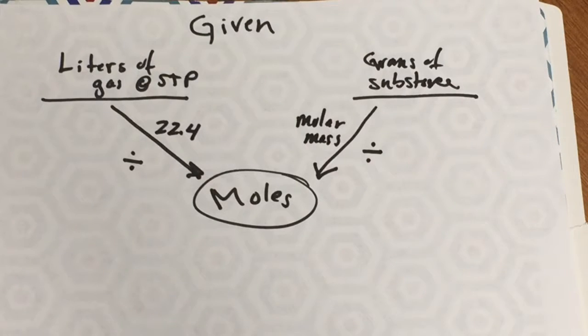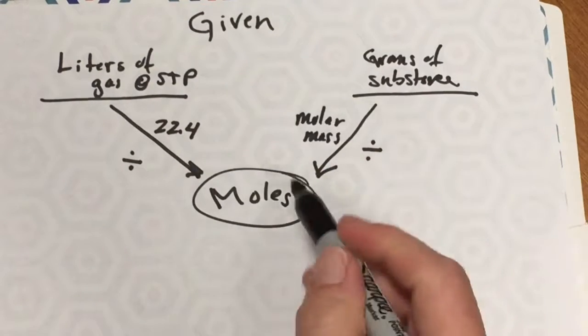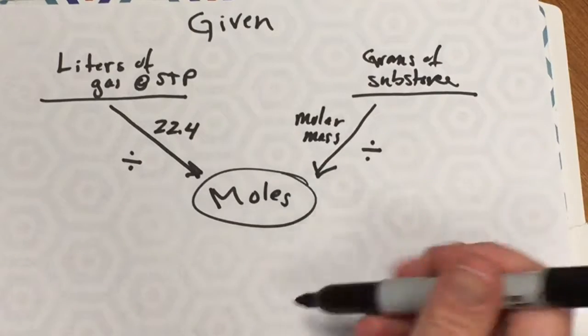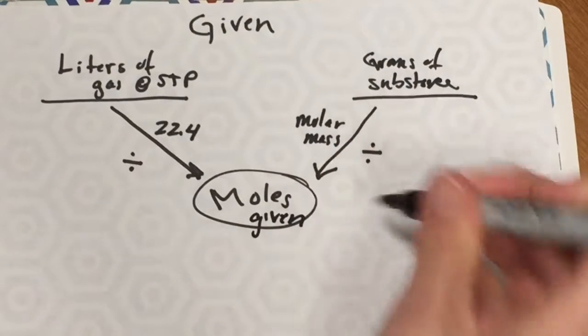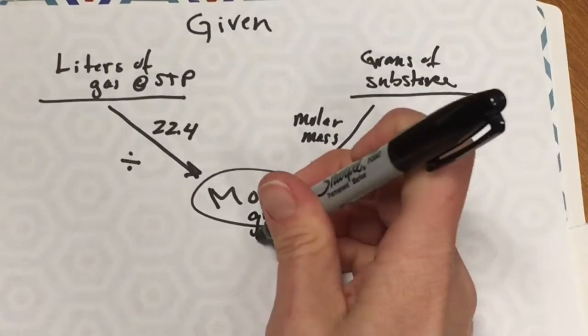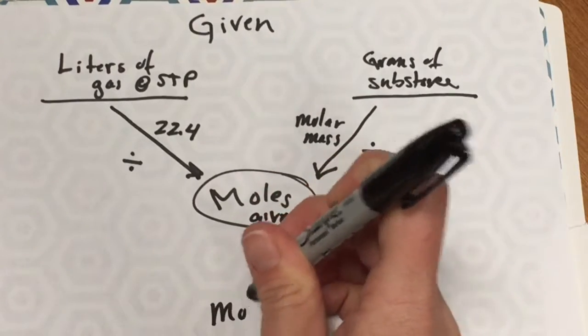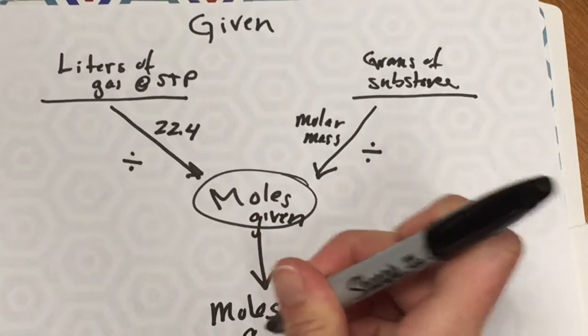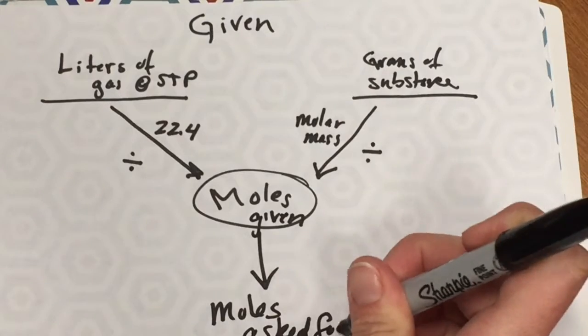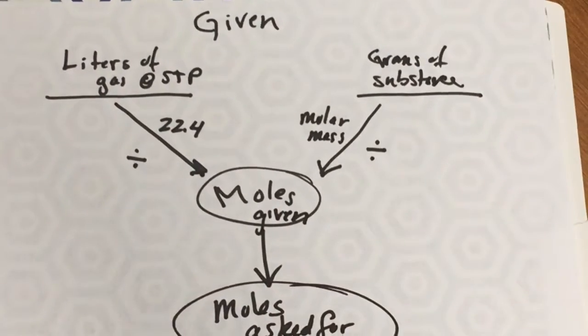Okay, next step: you are getting your moles of your given substance, and we have to get to moles of the asked for substance. We'll call it that. And how do we do that?